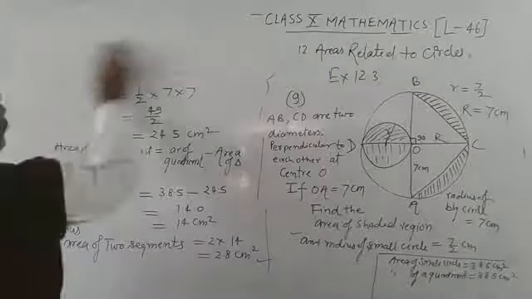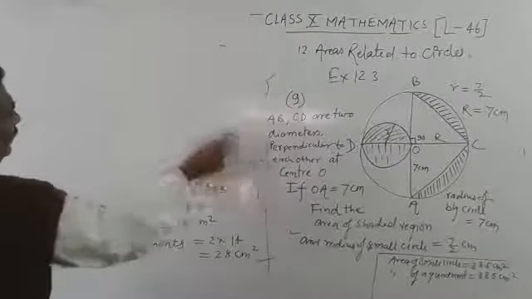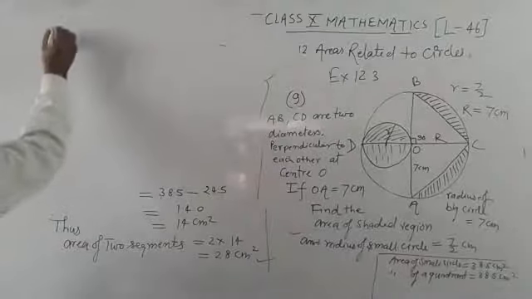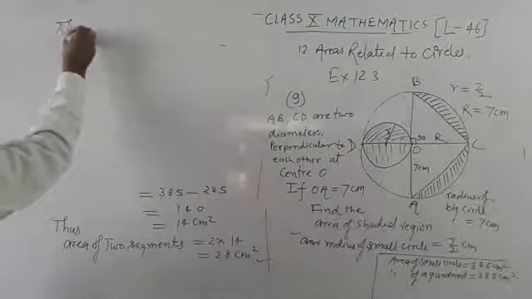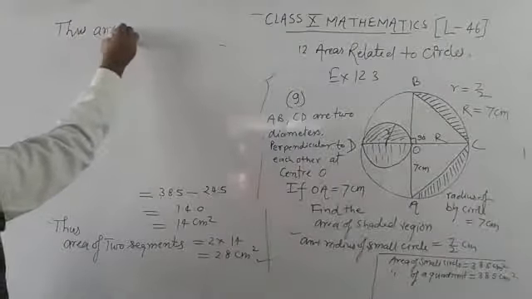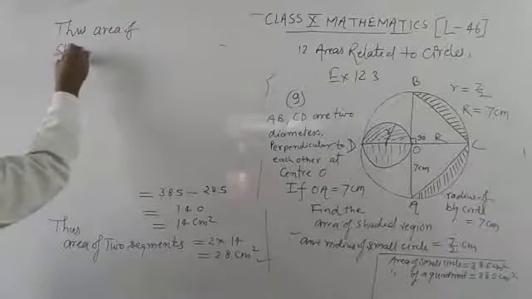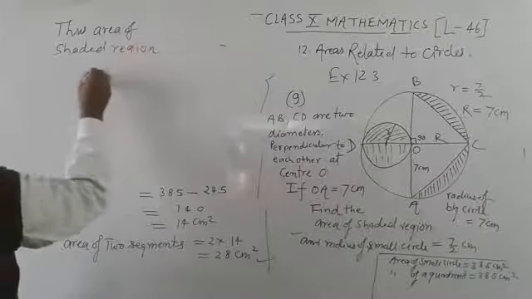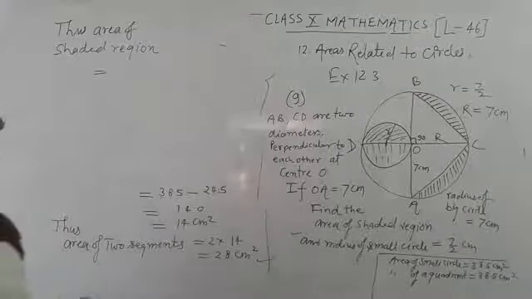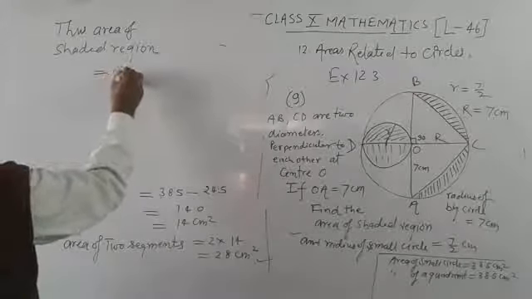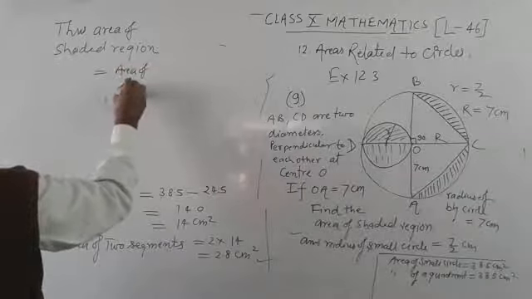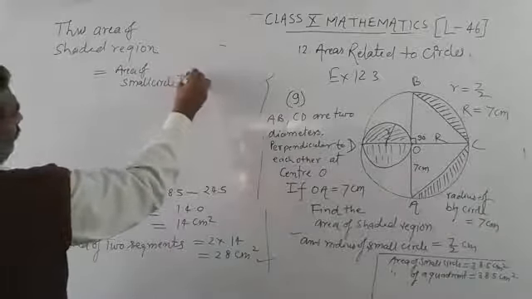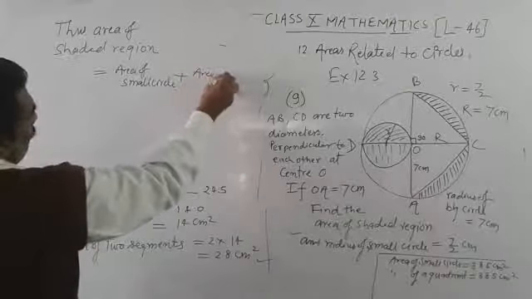Now students, finally we have, thus the area of the shaded region is equal to the area of the small circle plus the area of two segments.